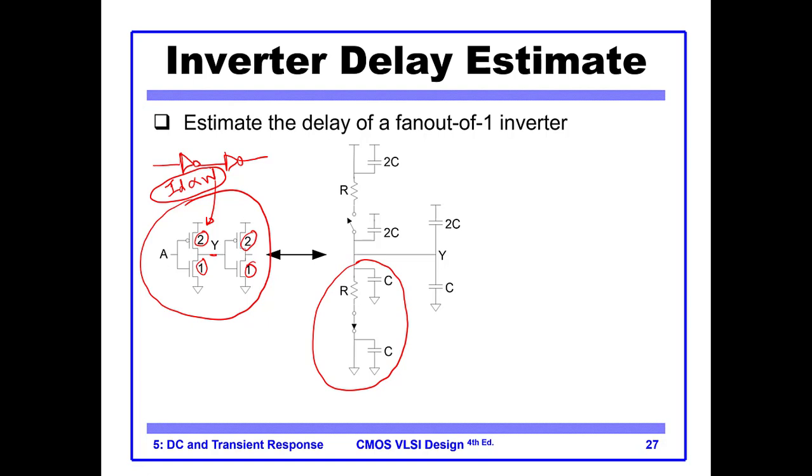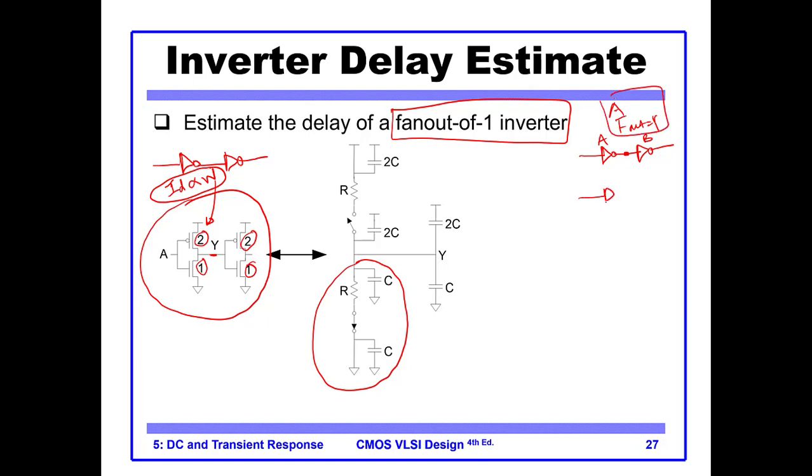What is meant by fan out of 1? By fan out we mean how many things are connected to the output. So for example, if these two inverters are connected, and this is A, this is B, we say the fan out of A is 1.